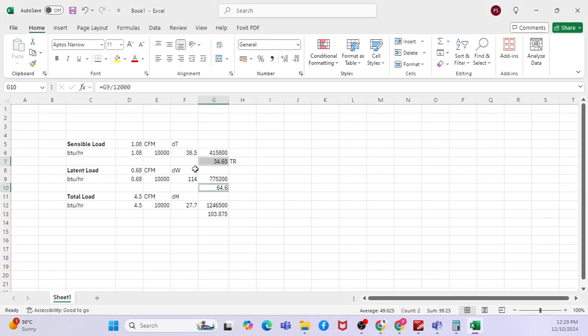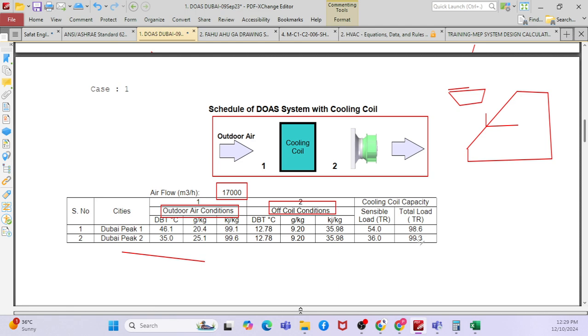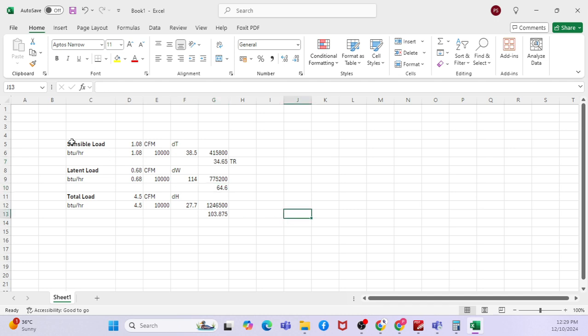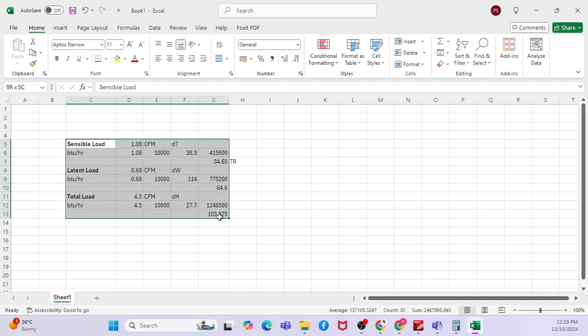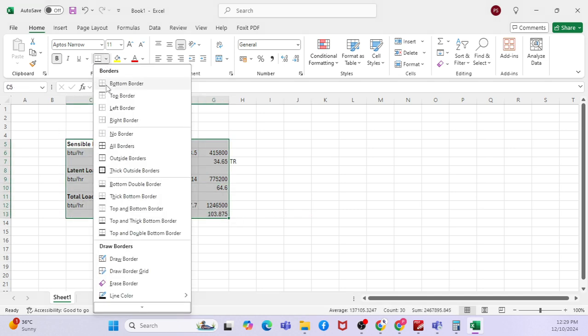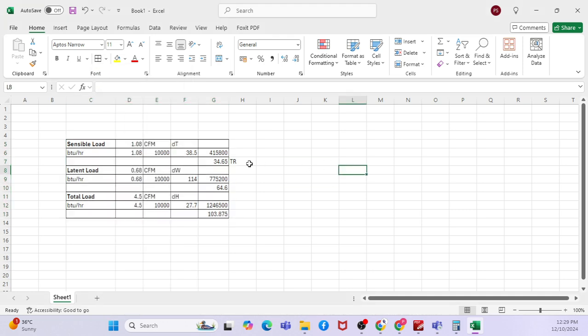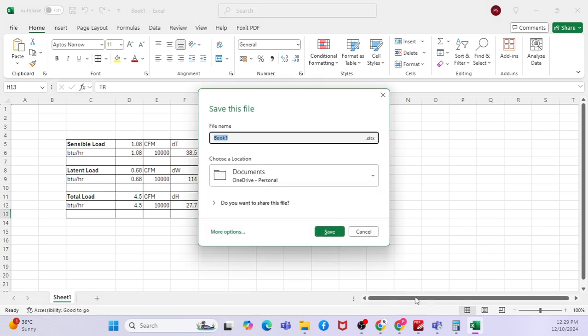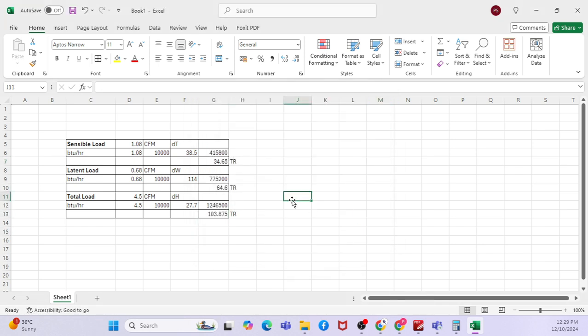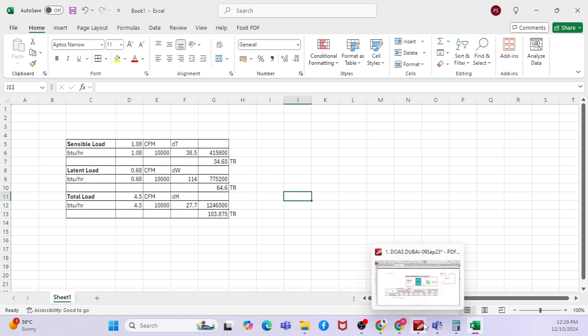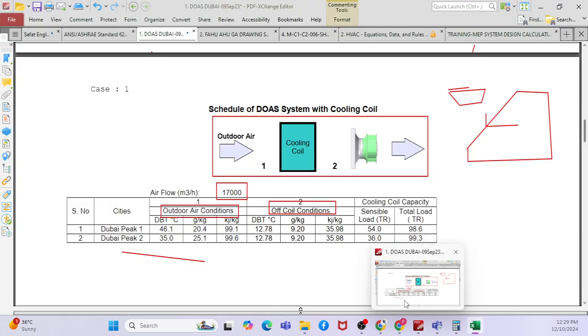You can see the total load 34.65 plus 64.6, which is nothing but 99.25, exactly the same value. So this is the sample calculation. Maybe I can send you this Excel sheet for your reference. Yes, please. Okay. Now you got idea how to calculate the total load, sensible load, and latent load, right?